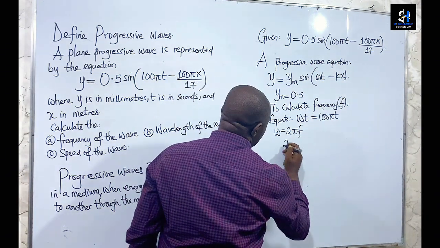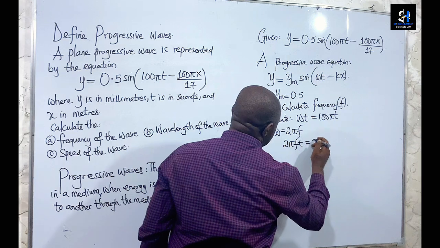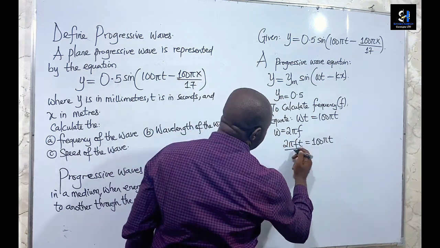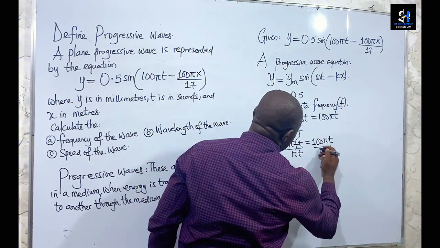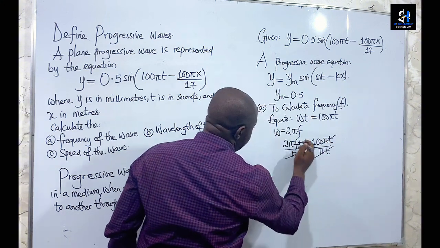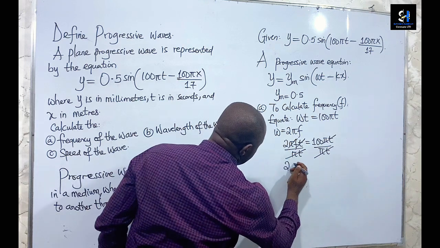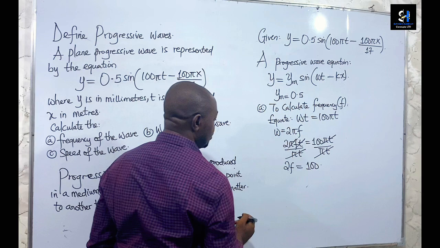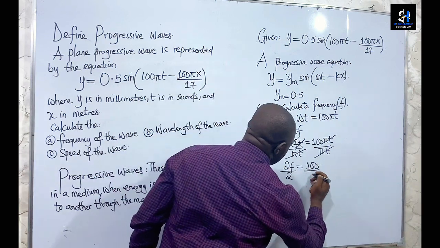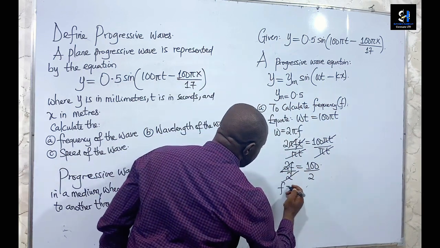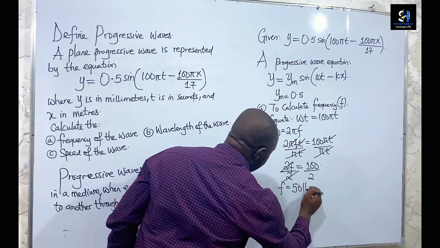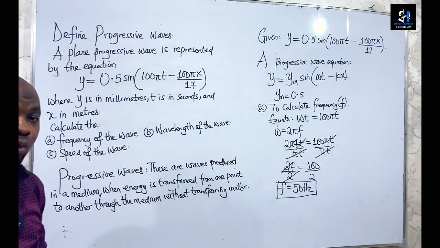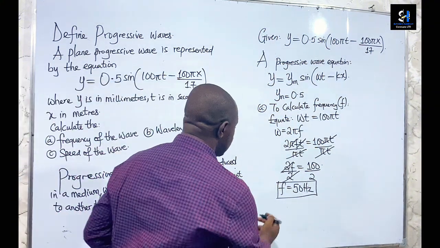So 2 pi ft equals 100 pi t. If we divide both sides by pi t, on the left hand side we have 2f, while on the right hand side we have 100. Then if we divide both sides by 2, we have the frequency to be 50 hertz. So the frequency of the wave is 50 hertz.